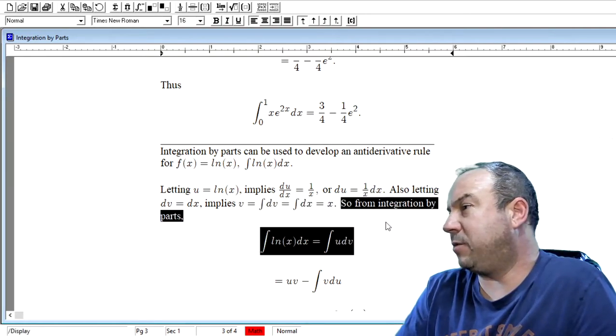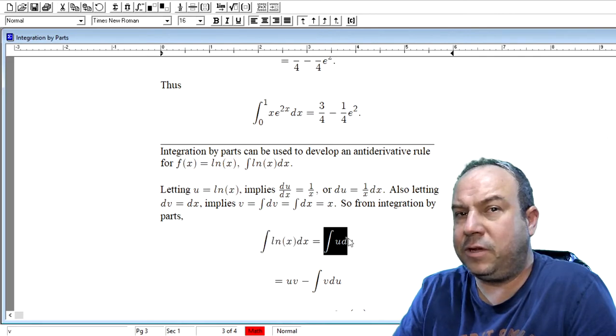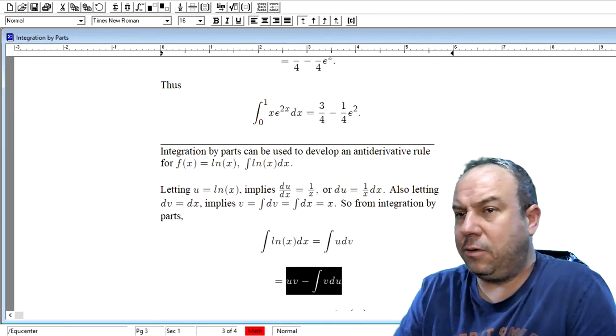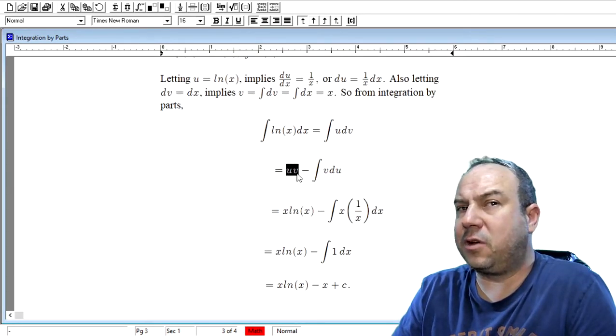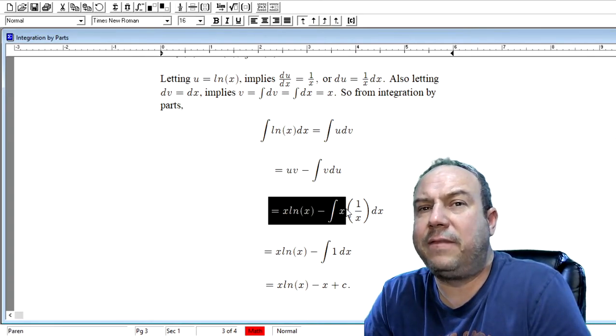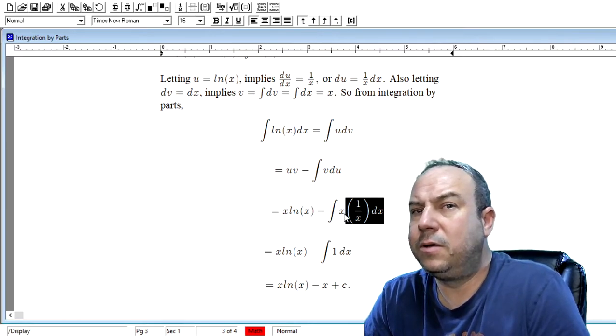So from integration by parts, the integral of the ln of x dx, which we might think of as the integral of u dv, is equal to u times v minus the integral of v du, which is equal to x ln of x for the quantity of u times v, minus the integral of v du, which simplifies to just the integral of 1 dx.